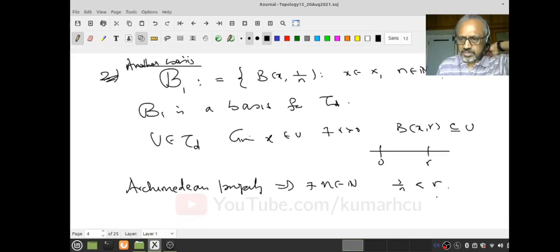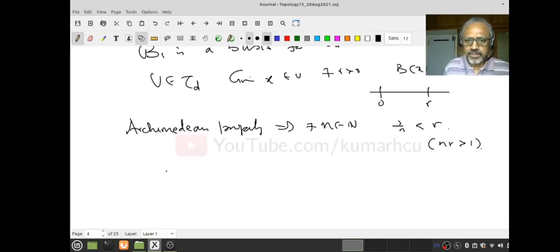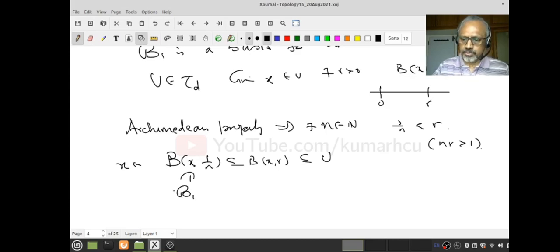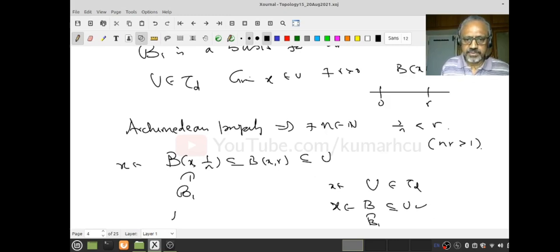Therefore, B(x, 1/n) is contained in B(x, r), and this is contained in U, and x belongs to this. So this belongs to B1. To show B1 is a basis, you gave me an open set U in tau_d, and x in this. Then I have to find B in B1 so that this is contained in U. Have I done that? Yes. Therefore, B1 is a basis.